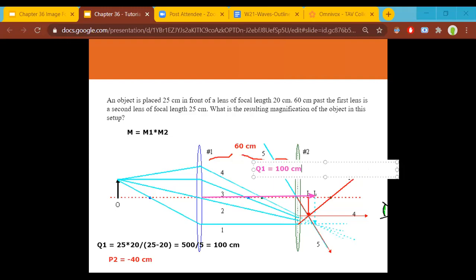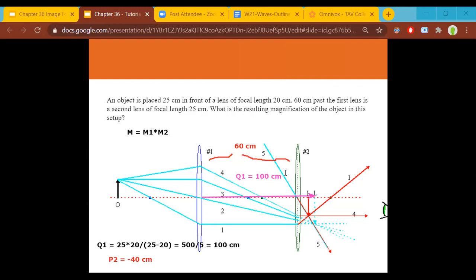Q1 is 100 centimeters. Now, where this image forms, this image actually acts as the object for the second lens.